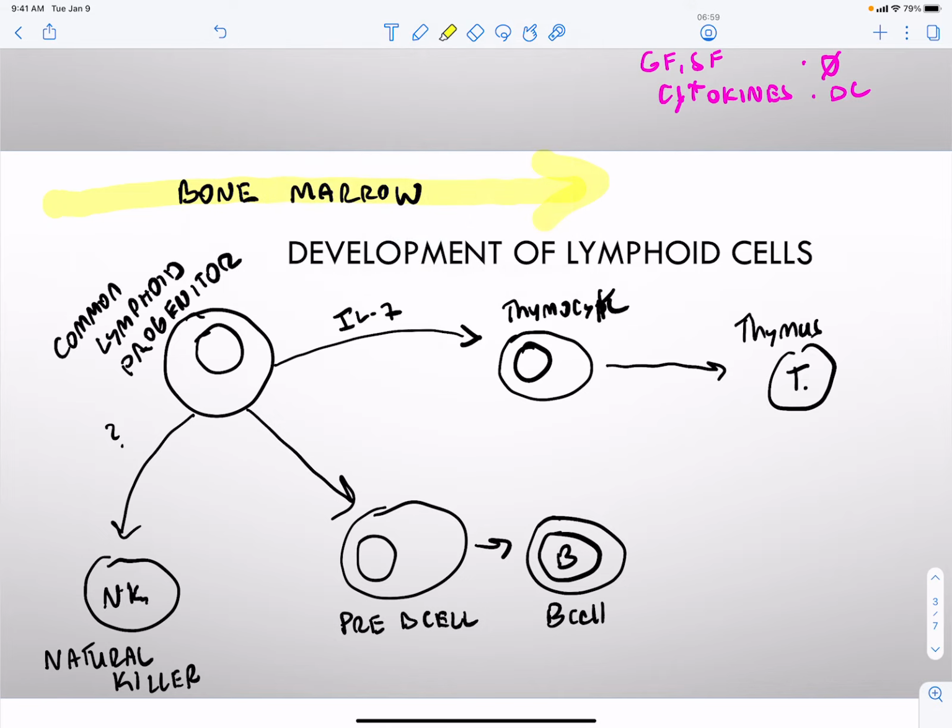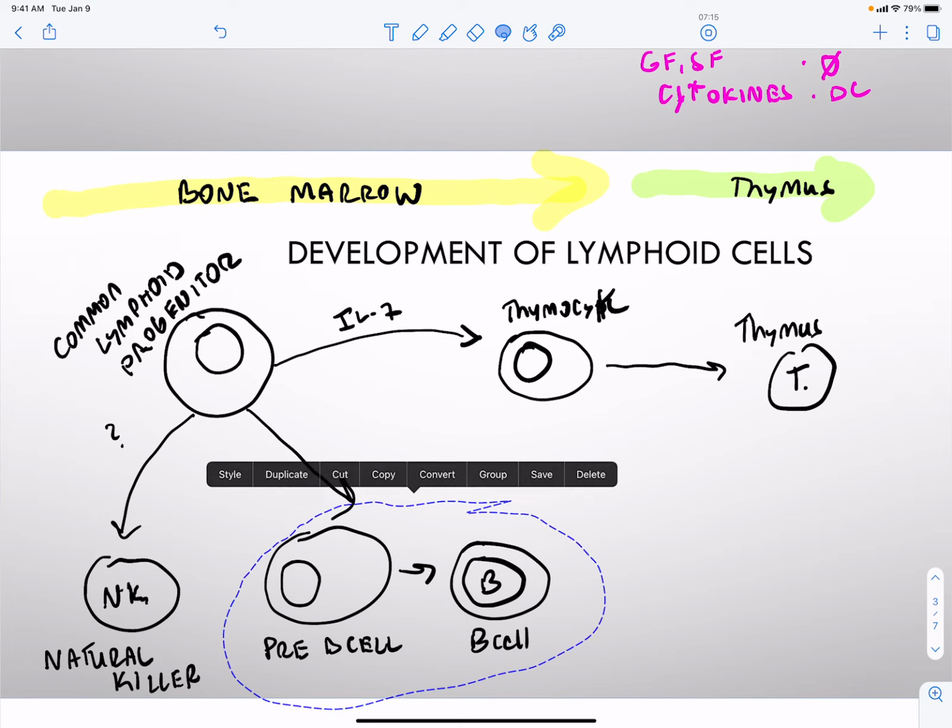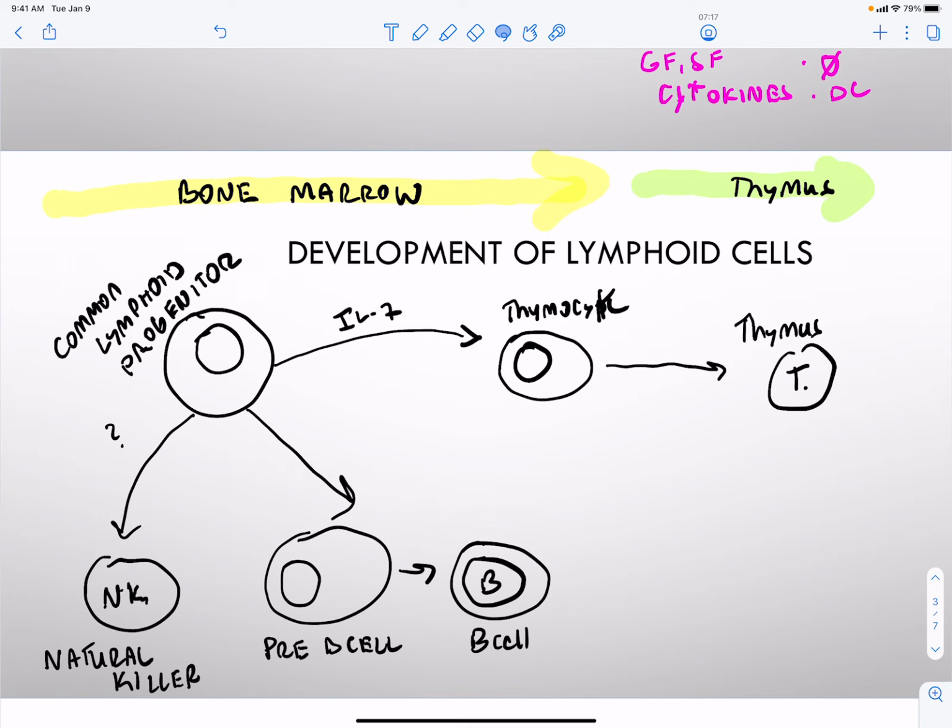And then, of course, our lovely T cell is going to occur in the thymus. But our B cell stays in the bone marrow. Just to make that more clear, I'll make sure to put these guys over here. They're definitely in the bone marrow. B cells only mature in the bone marrow.